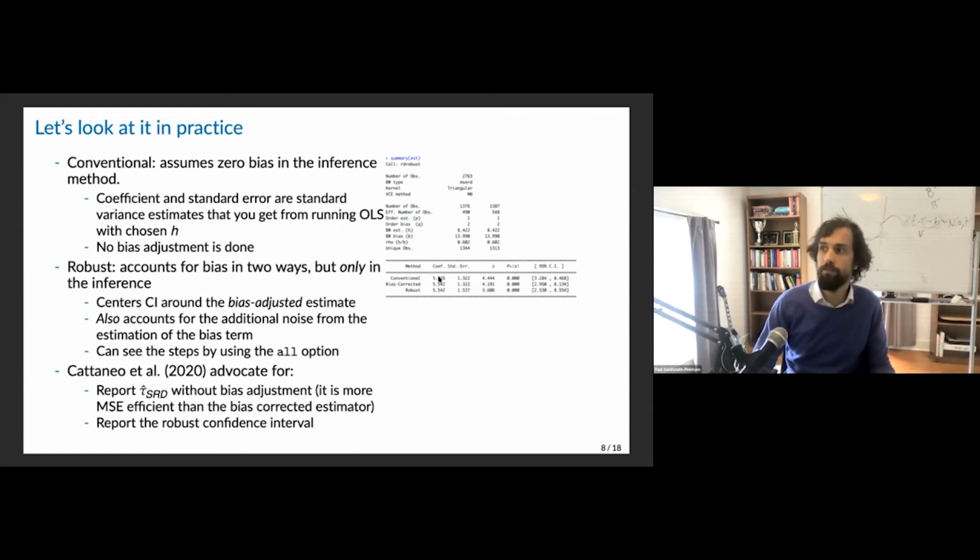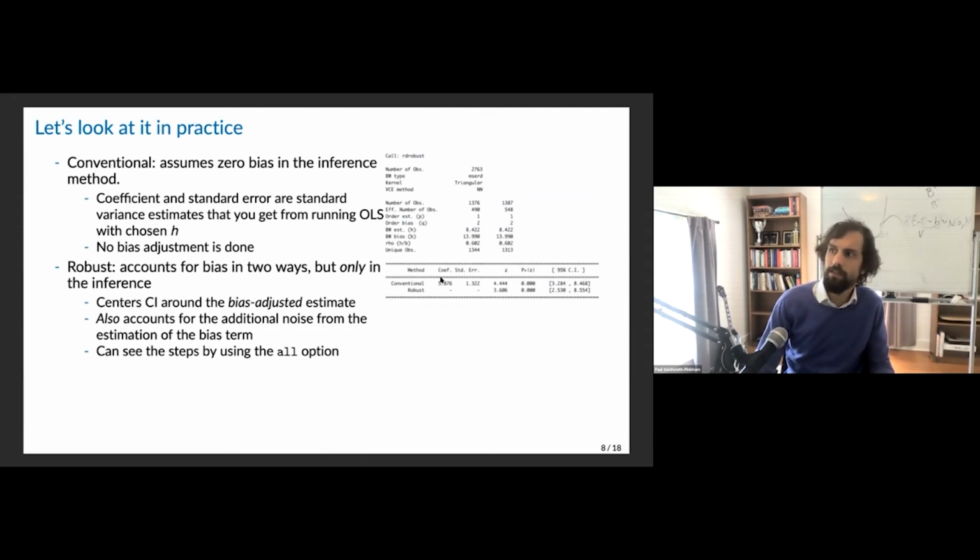That coefficient estimate is the right one to report. The reason is that it's more efficient from a mean squared error standpoint than the bias corrected estimator. And so the claim is that you should do that, but you should report the robust confidence interval. That's why they report it this way.